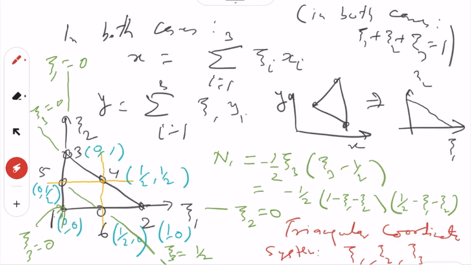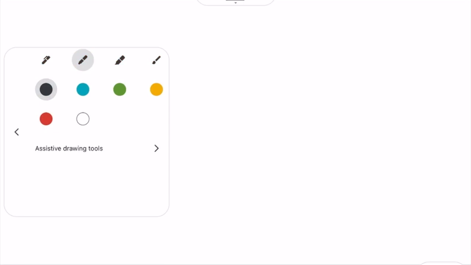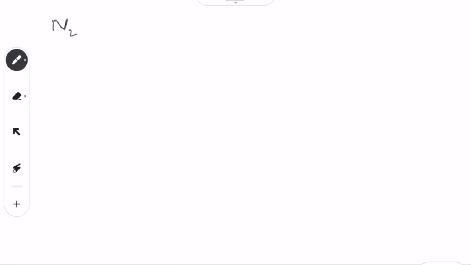Let's now find out the value of the other n's. Okay, so the n2, function of xi1 and xi2, will be equal to, okay, maybe not write that. So N2 is equal to, and then we draw that picture.